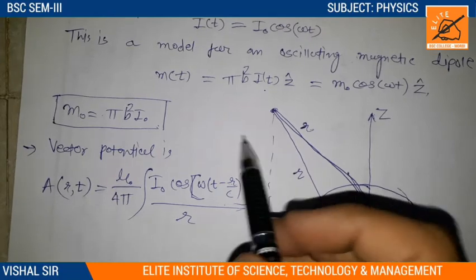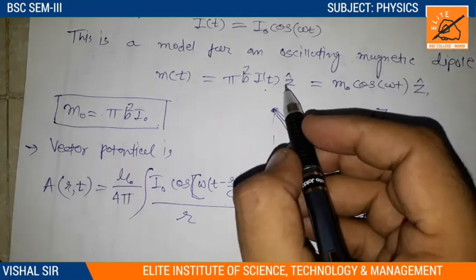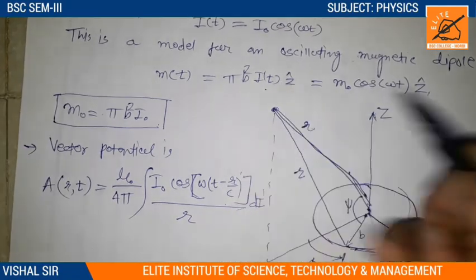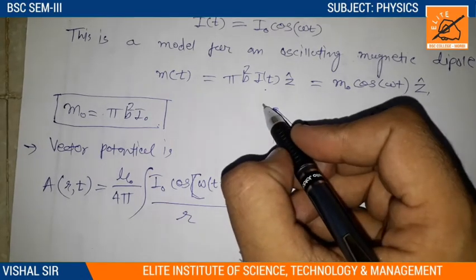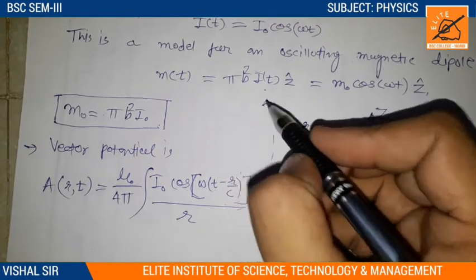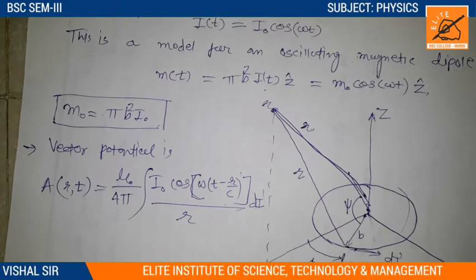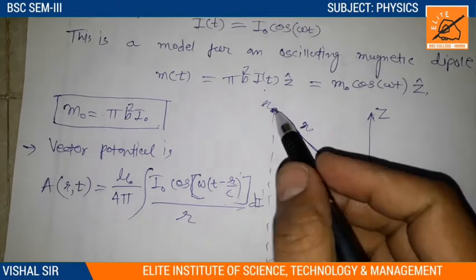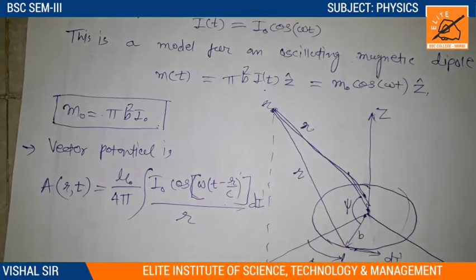For a point P, suppose this is the point r, and it is directly above the x-axis. A must aim in the y direction.